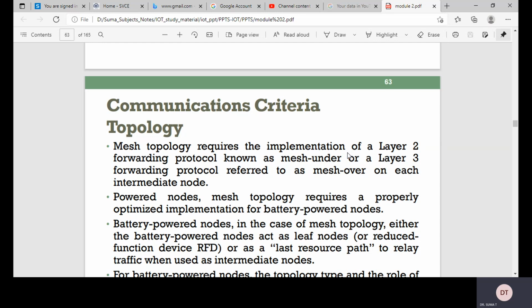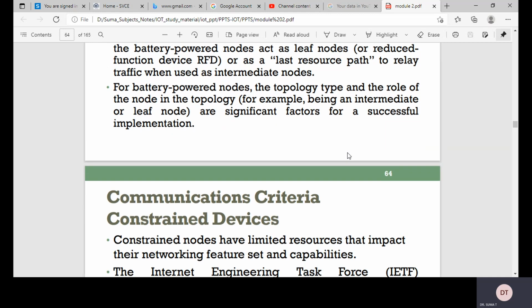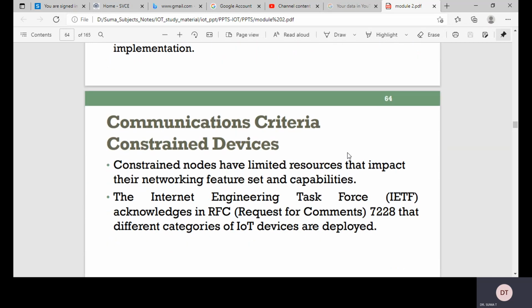When used as intermediate nodes, battery lifetime is greatly shortened. For battery powered nodes, the topology type and the role of the node in the topology, for example being an intermediate or leaf node, are significant factors for successful implementation.